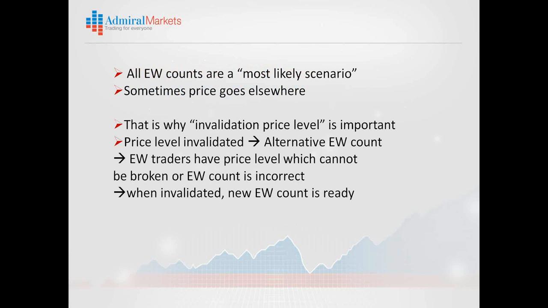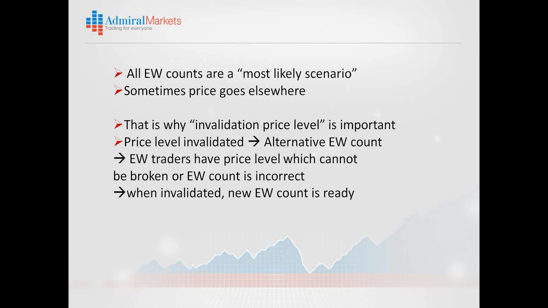Now, all Elliott wave counts are most likely scenarios. Sometimes the price goes elsewhere. That can happen, and it will happen for sure. And that's why we have invalidation price levels. That's why it's important to realize at what level, once you know the rules and guidelines, my count is wrong.